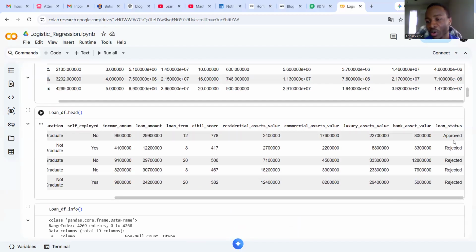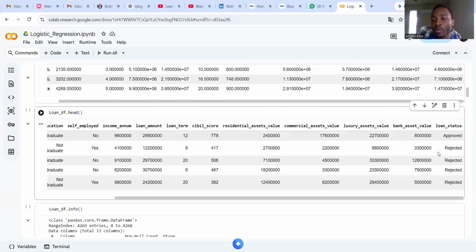We need that for the model, but it's text data: approved, rejected, rejected, approved. However, the model does not understand anything that is not numerical. Anything that is not a numerical value has to be transformed before feeding that information into the model.